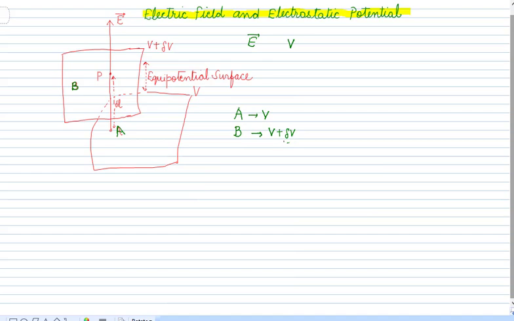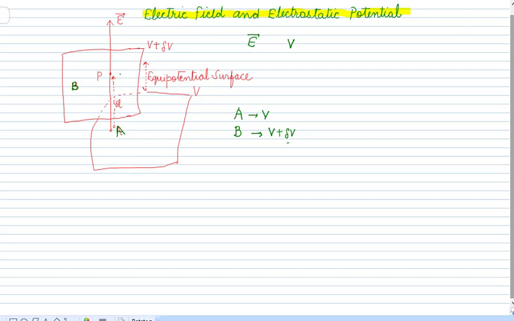So this is V plus delta V and this is V. We have taken any point on surface B, and we are calling this point P, and this point P is at a distance delta L from equipotential surface A. So we have two surfaces, both equipotential, a point P on surface B, and the distance between A and B is delta L. And the direction of the electric field is shown in the upward direction.